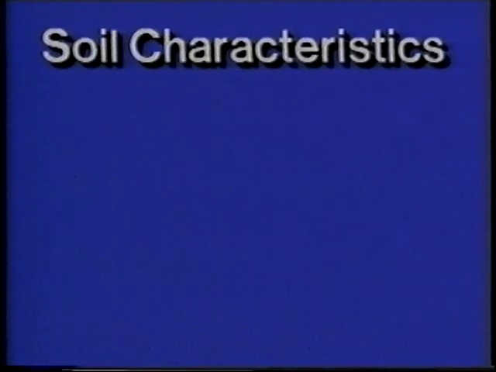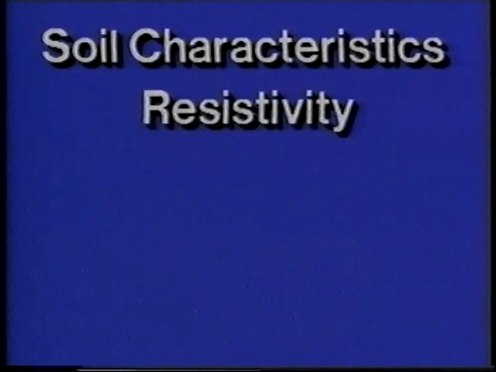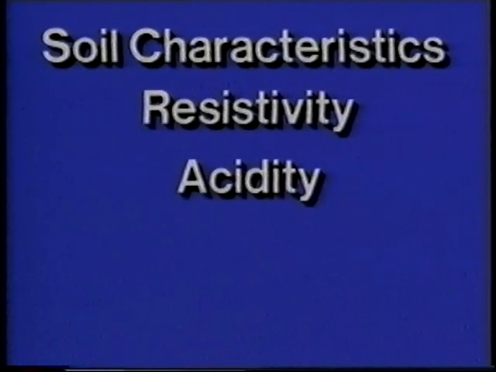Soil characteristics important to studying corrosion include electrical resistivity, aeration or permeability, pH, and bacterial presence. Low electrical resistivity in a soil promotes corrosion more than soil with high resistivity. In general, the stronger a soil's acidity, the higher the corrosion rate it produces.